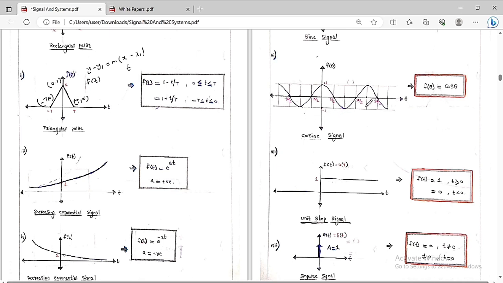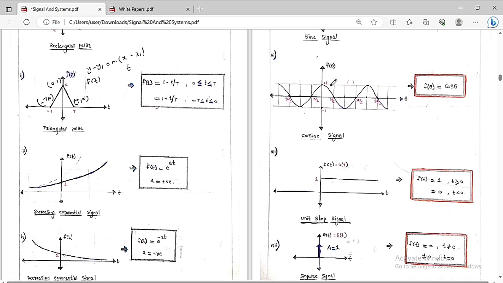If you see clearly here, basically for cos theta, at 0, at 2 pi, at 3 pi, at 4 pi, like that, what value are we going to get?